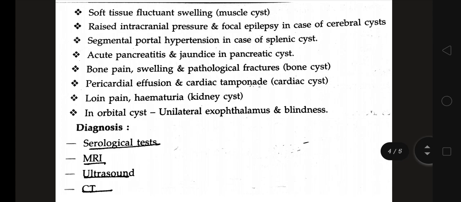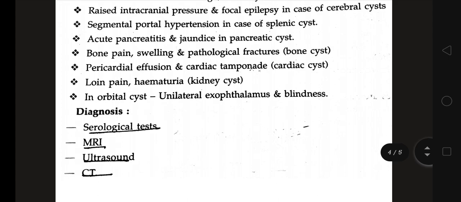If there is a cyst in the bone, it may cause bone pain, swelling, and pathological fracture. If there is a cardiac cyst, that is a cyst in the heart, it may cause pericardial effusion or pericardial tamponade.